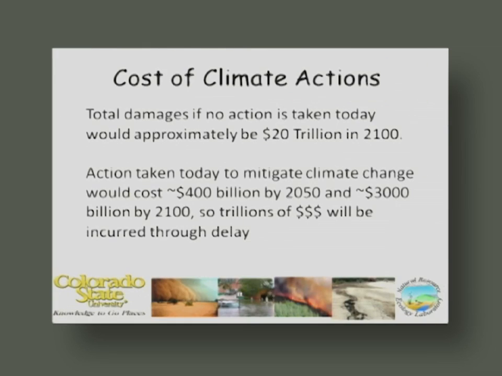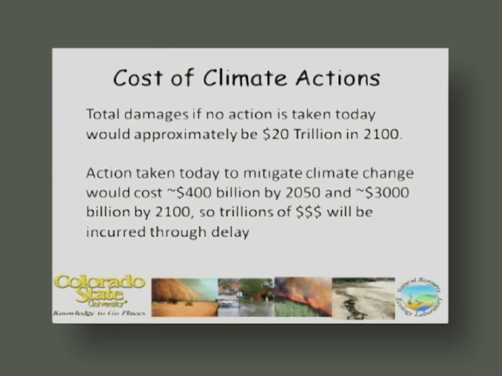Okay. I'm going to now just spend the last 2 minutes looking at the toll. If we don't take action on climate, it's been estimated that there will be $20 trillion of cost incurred in damages by 2100, by the end of this century.